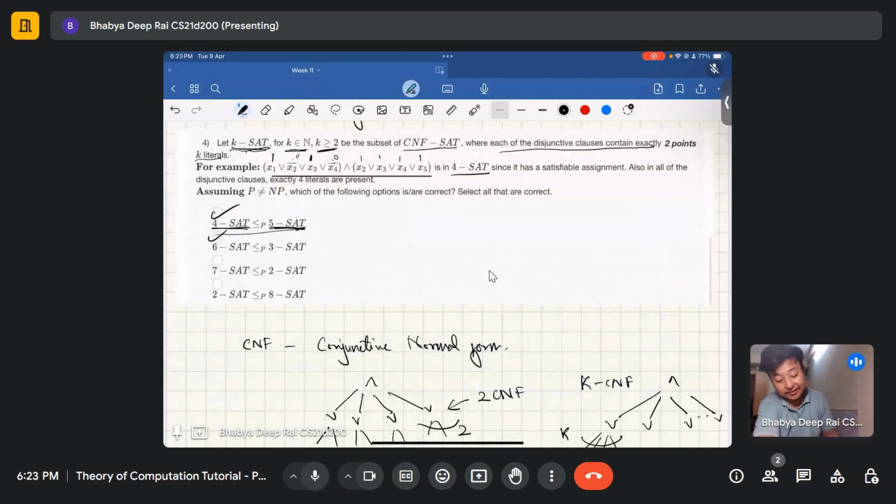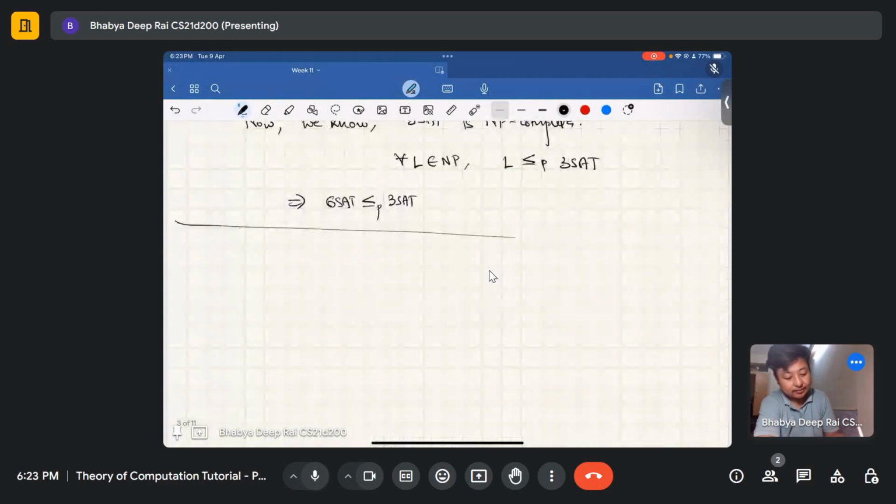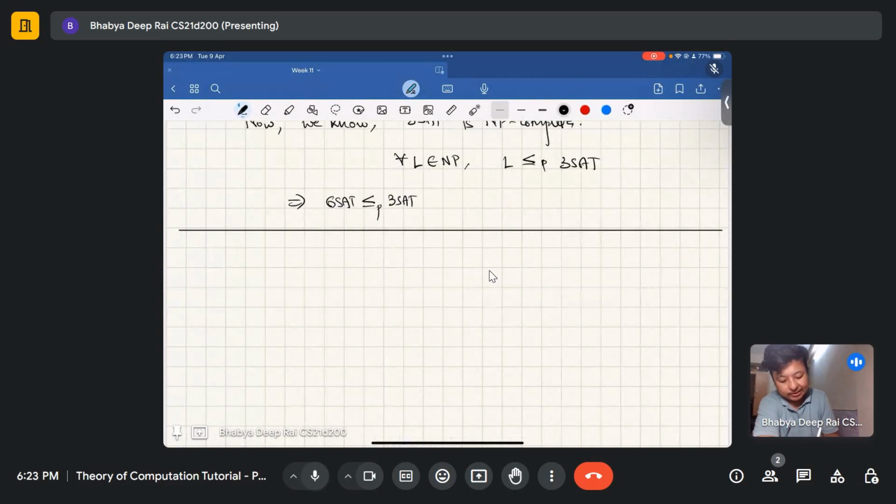Now, 7 sat reduces to 2 sat. The question is whether 7 sat reduces to 2 sat. As before, 7 sat is in NP. So 7 sat reduces to, oh sorry, not 3 sat.